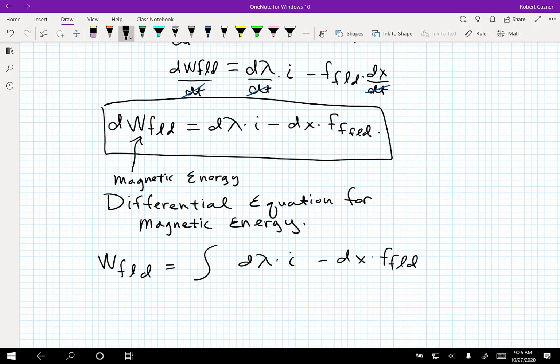When you're solving an integral that's involving more than one thing, it's helpful to identify what I would call a state variable. So a state variable is identifiable by finding whatever the D term is.